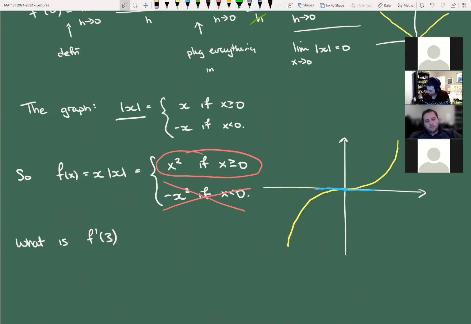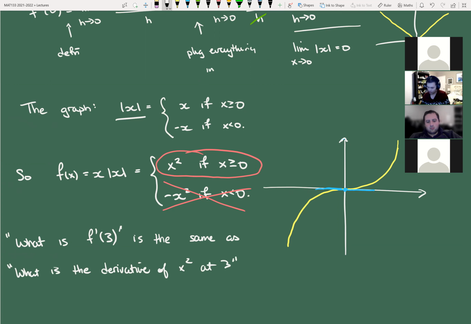So that's the same as asking what is the derivative of x squared at 3? What's the answer to that? What's the derivative of x squared at 3? 6, exactly.